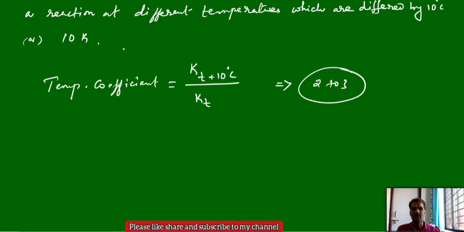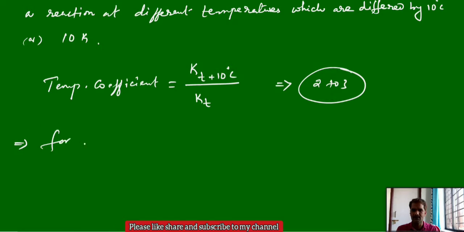That means the rate of reaction increases 2 times when the temperature of the reaction increases by a 10 degree rise. For most of the cases the rate of reaction increases 2 times, but it varies between 2 to 3. You can take one more statement here.